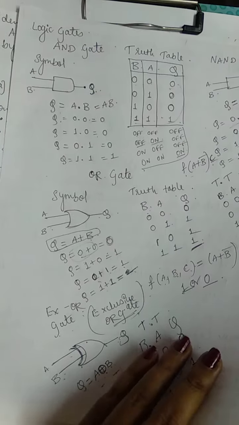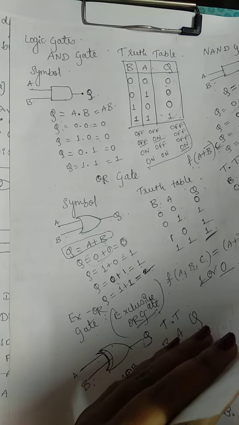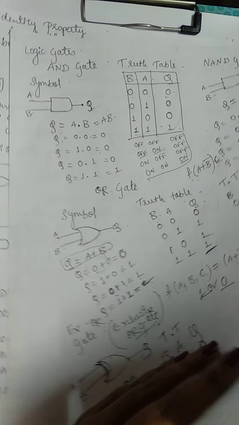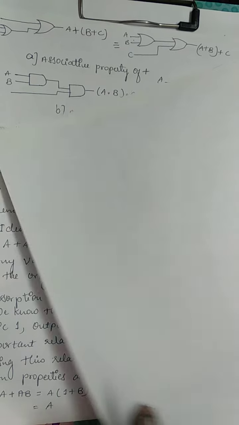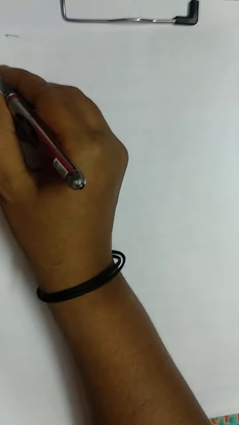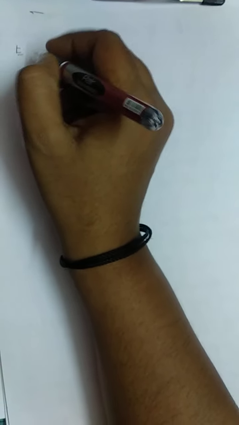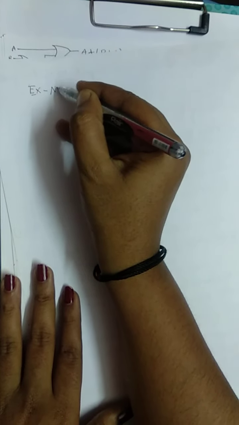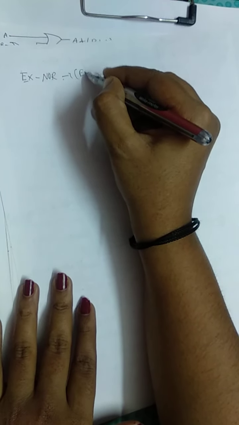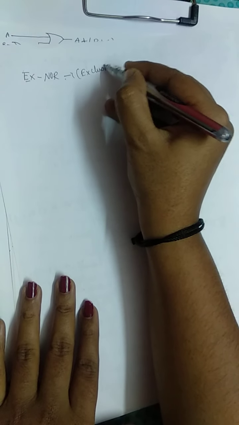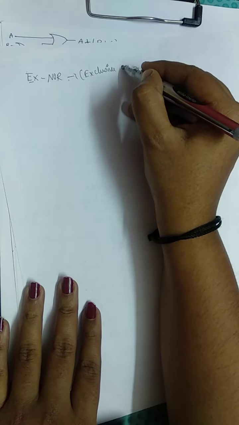So the next gate is XNOR. You can call it the exclusive NOR gate.